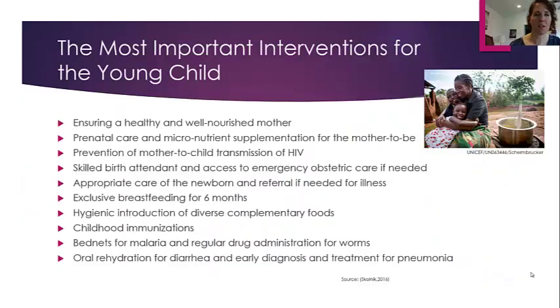The most important interventions for the young child start with the mother, ensuring a healthy and well-nourished mother, ensuring adequate prenatal care and vitamins, and prevention of the mother-to-child transmission of HIV, having medical care for both the mother and the baby, and encouraging breastfeeding for 6 months. Childhood immunizations are so important, using bed nets to prevent malaria and regular drug administration for worms, and teaching about oral rehydration for diarrhea and early diagnosis for the treatment of pneumonia.